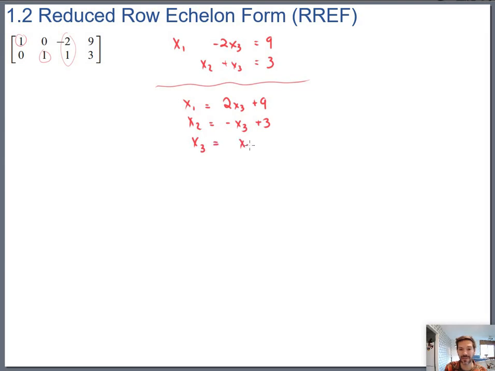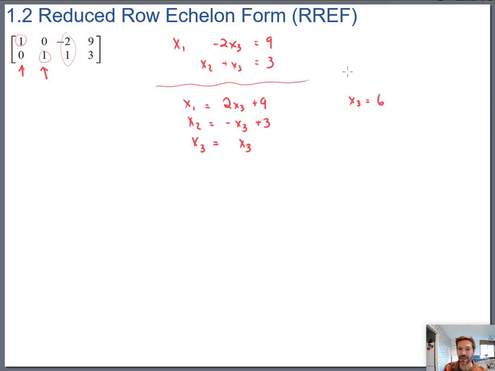It's just x3. So there's all of the infinitely many solutions with your free variable being x3, the one that's not a pivot column. Right, there's pivot column, there's pivot column, x1 and x2 columns. x3 is free. And again, if I wanted a particular numeric solution, I could just say, let's say x3 needs to be 6 for some reason.